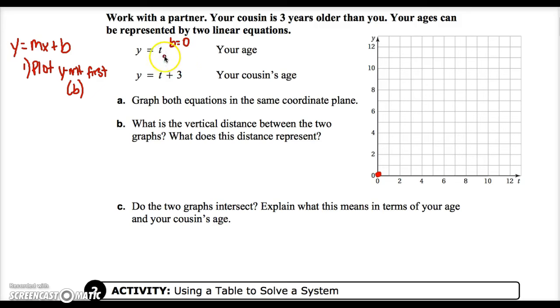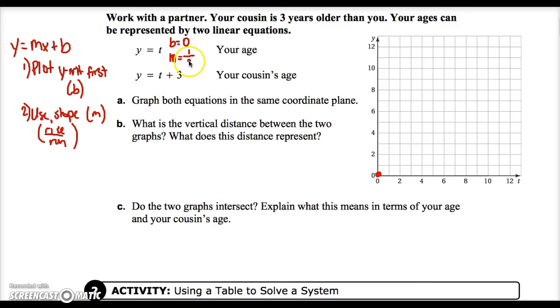Then your slope, this is what you're going to do second. Use your slope. And remember, slope is rise over run. Okay, so your slope is the m value. What's in front of the x? Or in this case, what number is directly in front of the t? Well, there's nothing there. So we know that technically that is a 1.